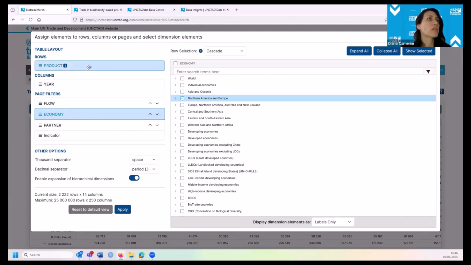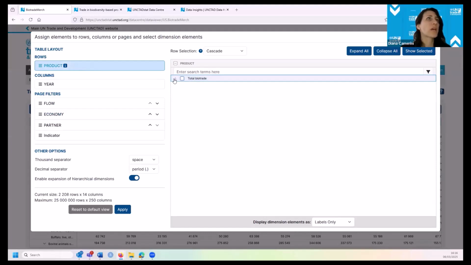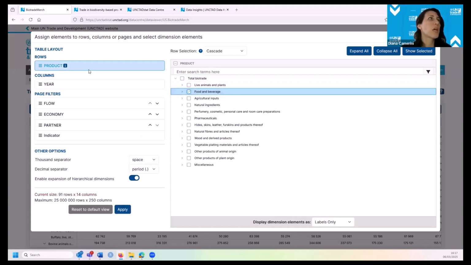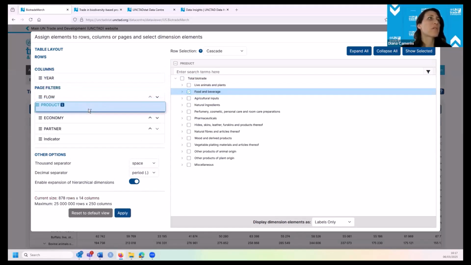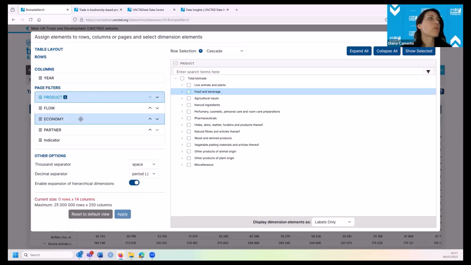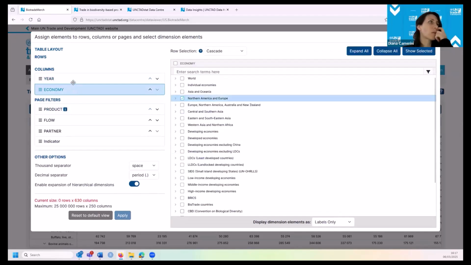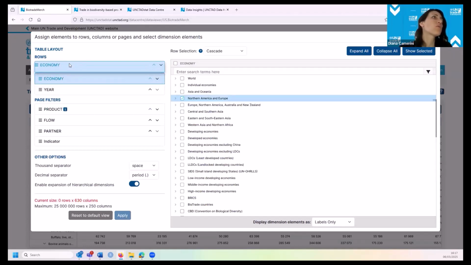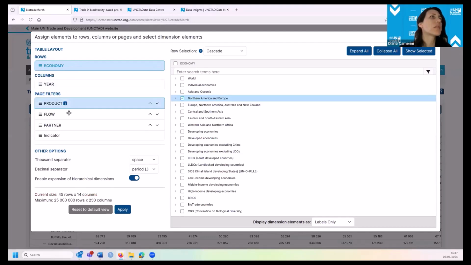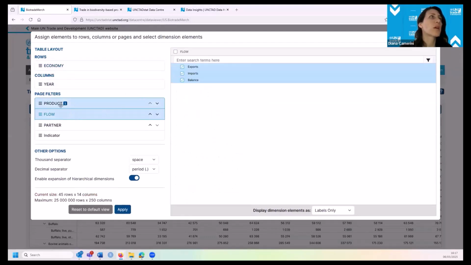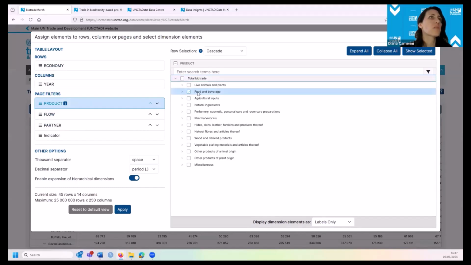Let's say, for example, we are interested to see specific products. We can select one of them, if, for example, food and beverages, and then apply it as a filter, and maybe we want to see, for each economy that we have selected, the economy in the rows and the year, and see for only the products that we have selected, which is the food and beverage total, we can see the economy and year, the totals for this type of product.